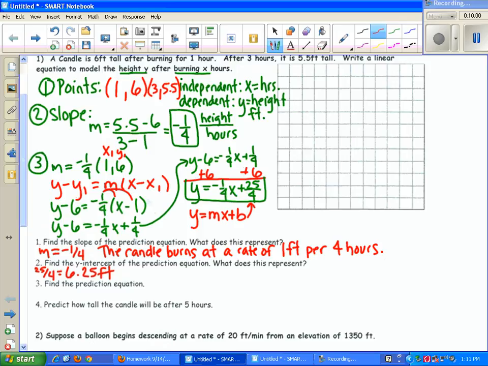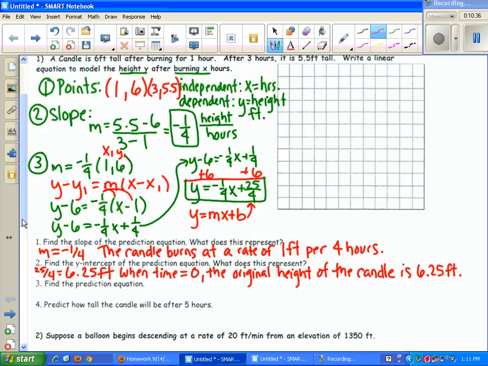So in order to put this in words, I would say when time equals 0, the original height of the candle is 6.25 feet tall. So that means that's the height at which we started before we lit the candle and it started to burn.